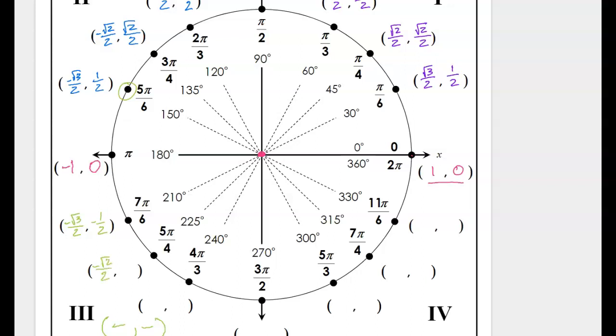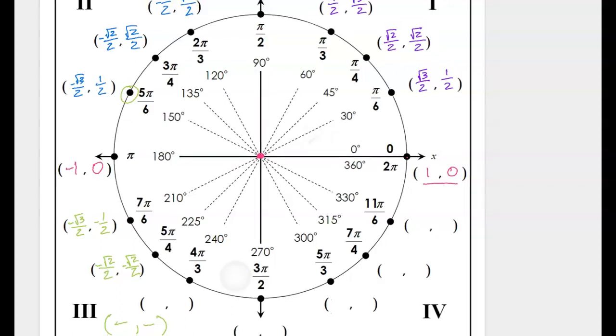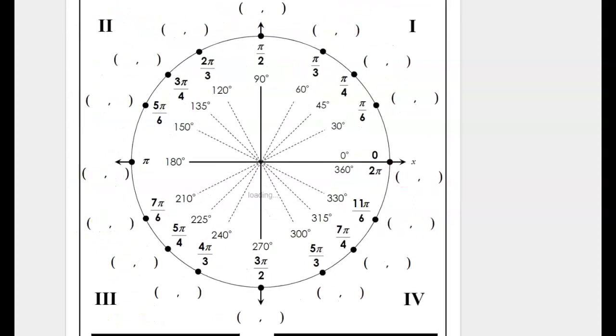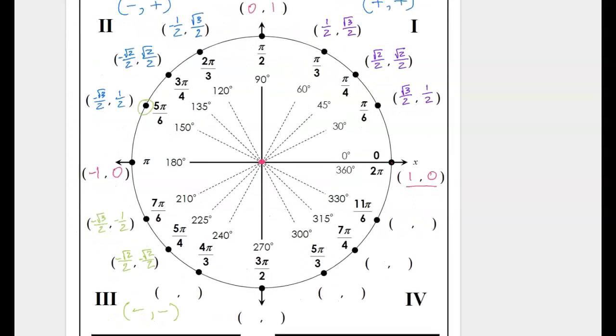Exactly. Both negative. And lastly, what is the third in that quadrant? The 240. Exactly. Yes. Good. Wonderful. And then what is the 270-degree angle?